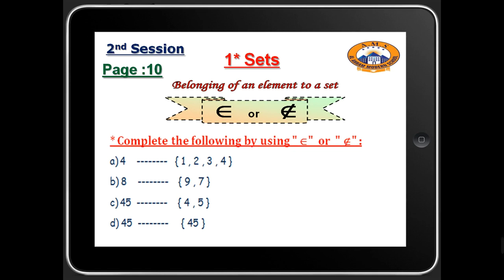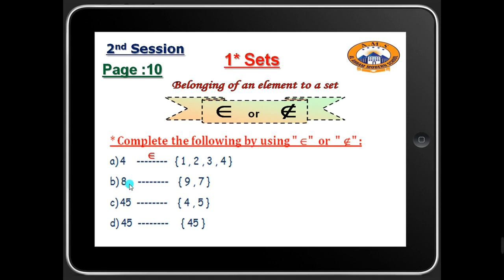So all you have to do is check whether 4 is one of the elements of the set that you see in front of you. So search: does 4 exist in this set? You say yes, miss, it does. So 4 belongs to this set.